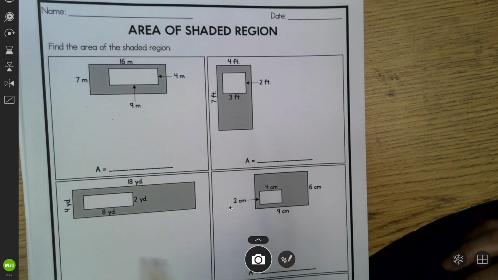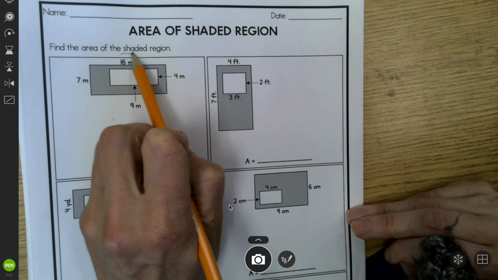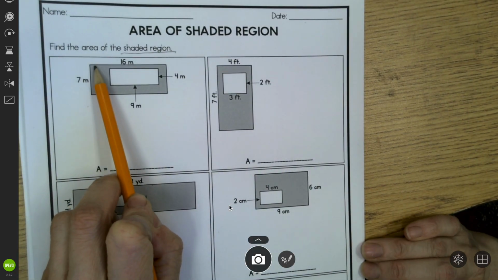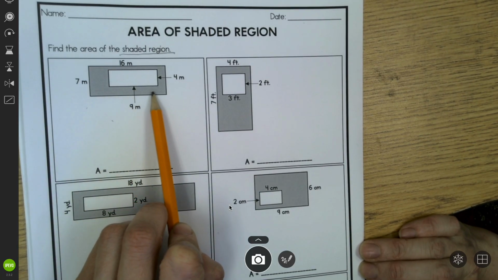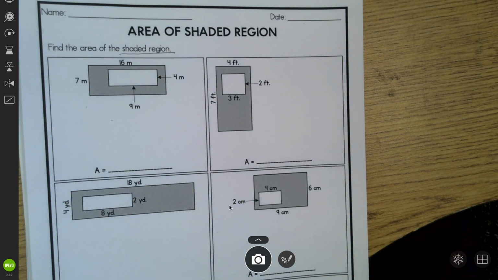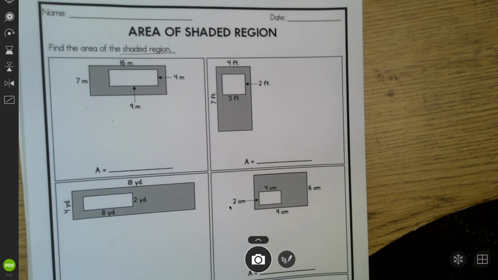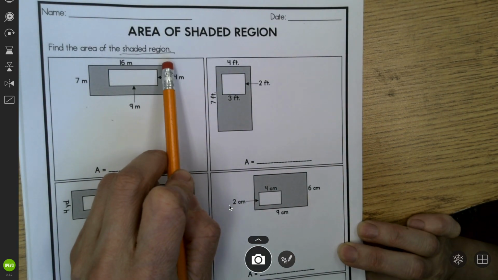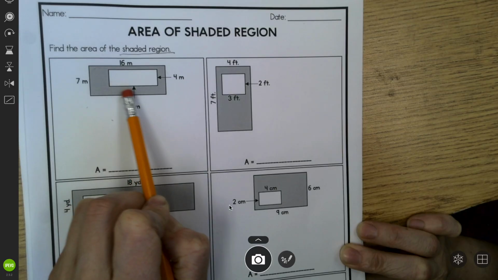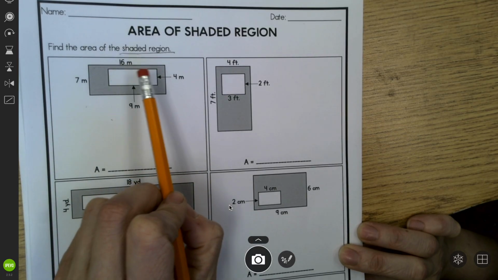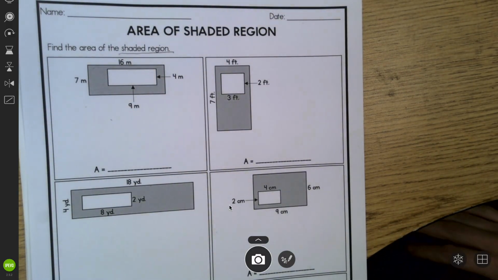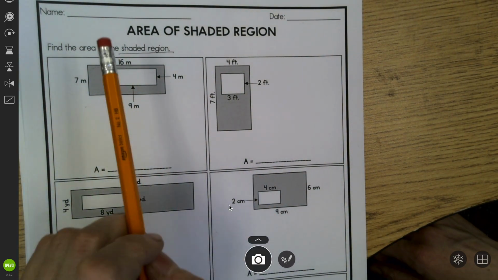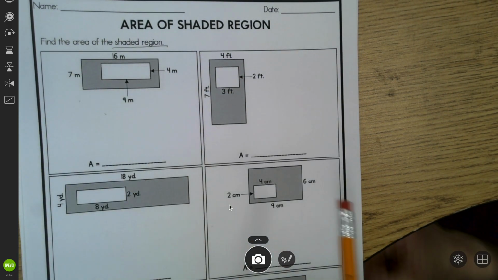Here, we are finding the area of the shaded region. So that means the part in the rectangle that is shaded, that is the darker gray color. So in order to do that, we have to find the area of the large rectangle, and then we need to find the area of the smaller rectangle and subtract the smaller rectangle from the larger.